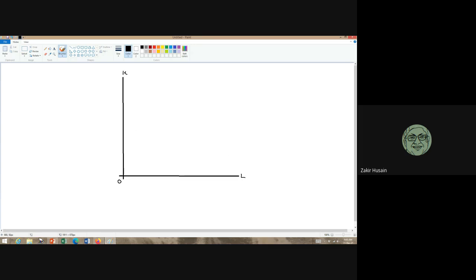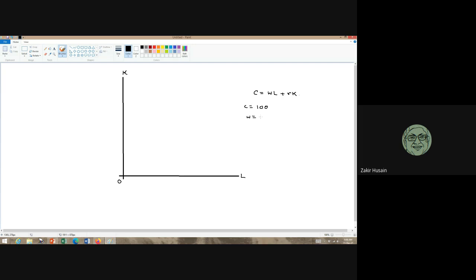Can we draw the level set similarly for cost? Yes, sir. What is the equation of the cost curve? It is C equal to WL plus RK. Okay, so let us say C is equal to 100.